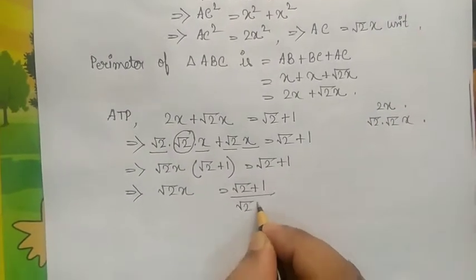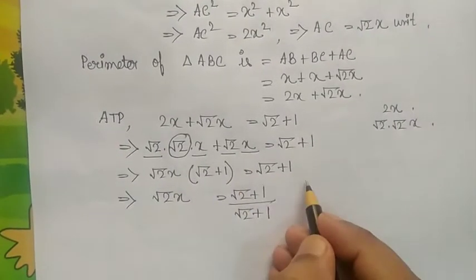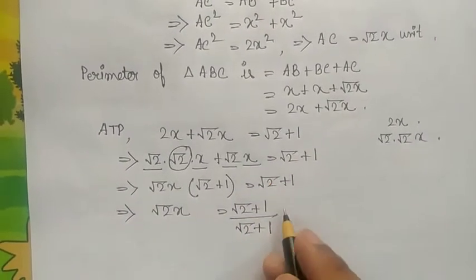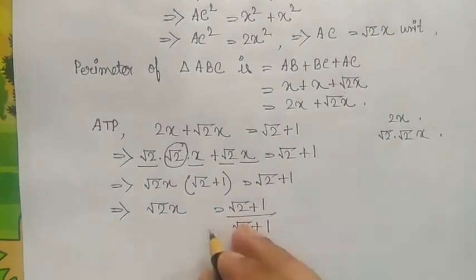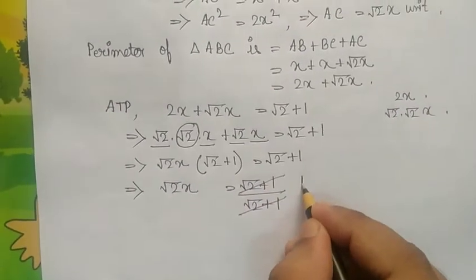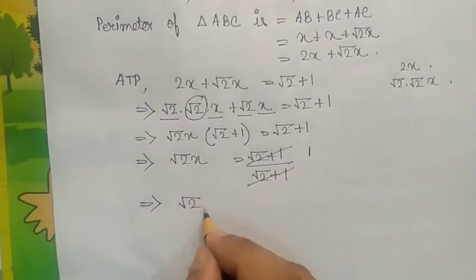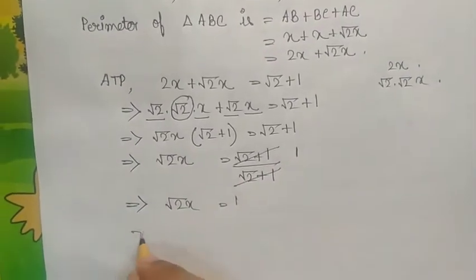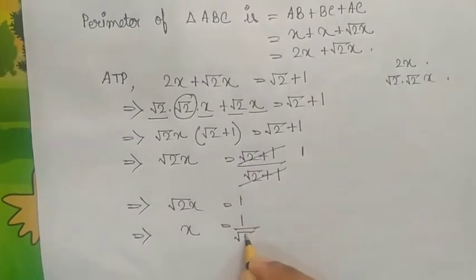If we send root 2 plus 1 to the right hand side, it should be divided, because this is the cross multiply process. So therefore we eliminate both. So this is 1, and root 2X equal to 1, or X equal to 1 by root 2.